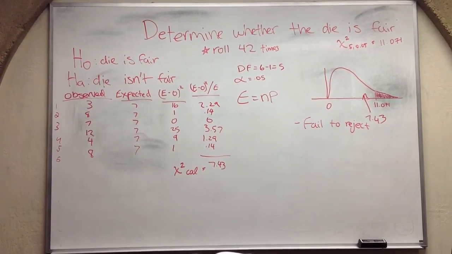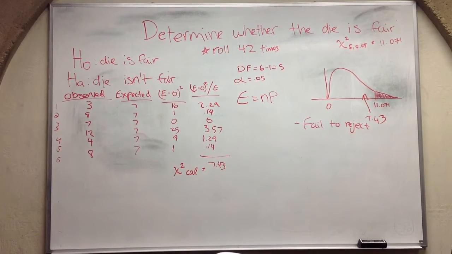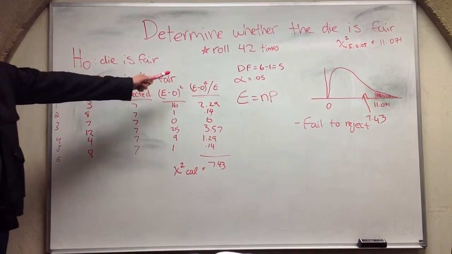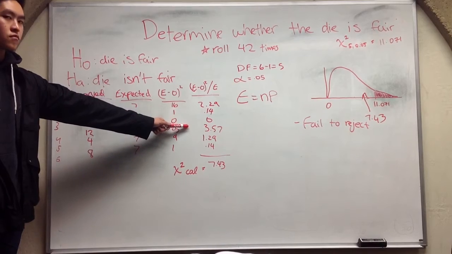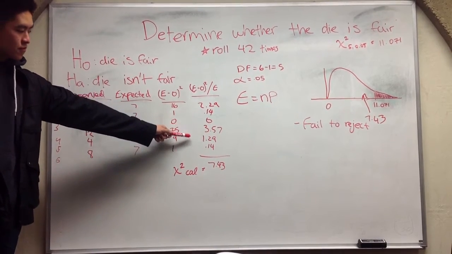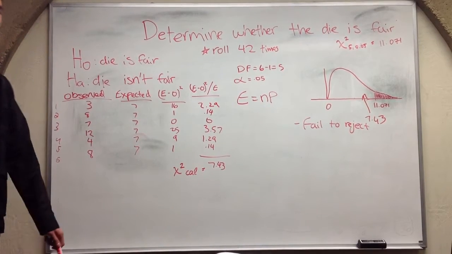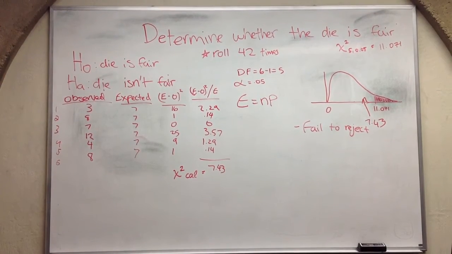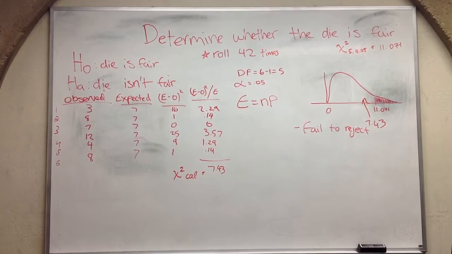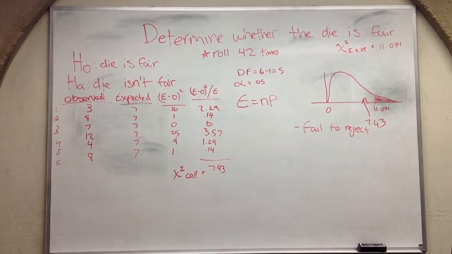After you get those values, 2.29, 0.14, 0, 3.57, 1.29, and 0.14, you add them up for chi-squared, and you end up getting 7.43, the calculated chi-squared.